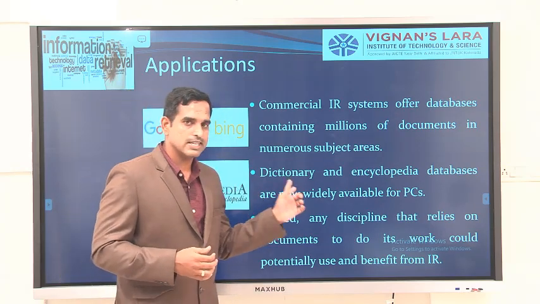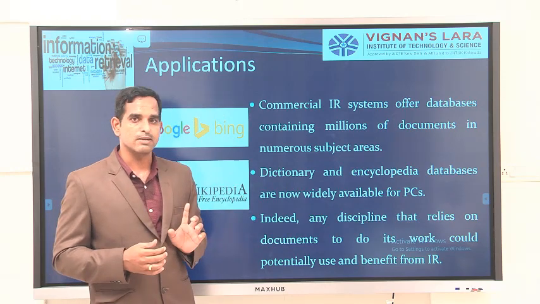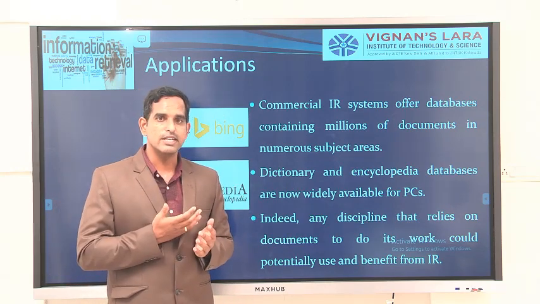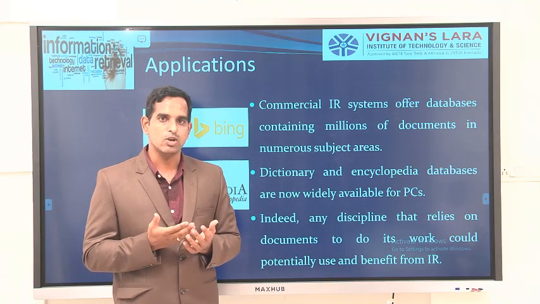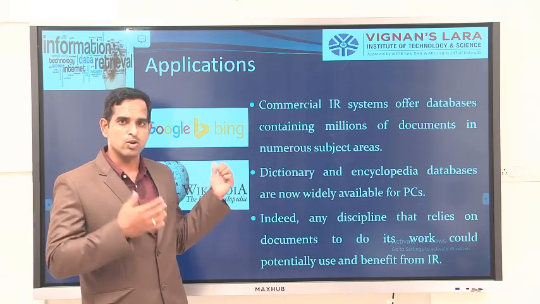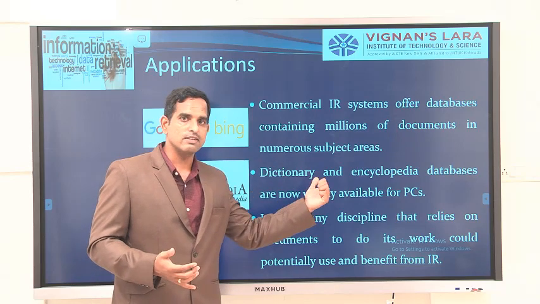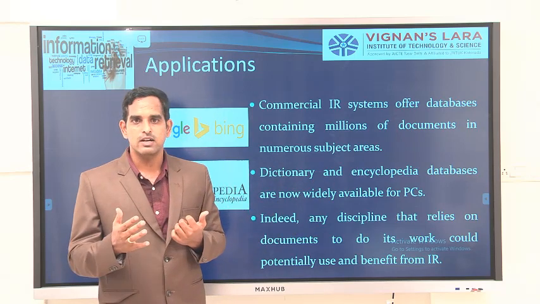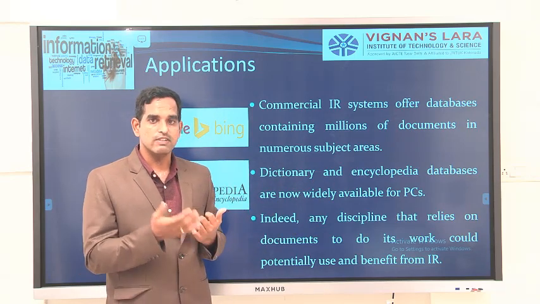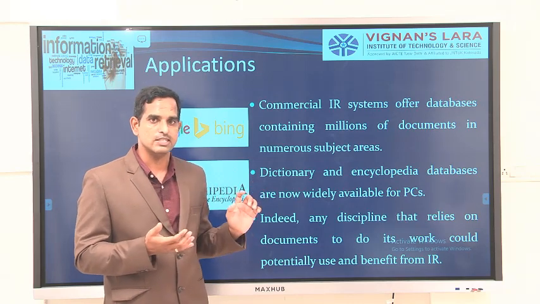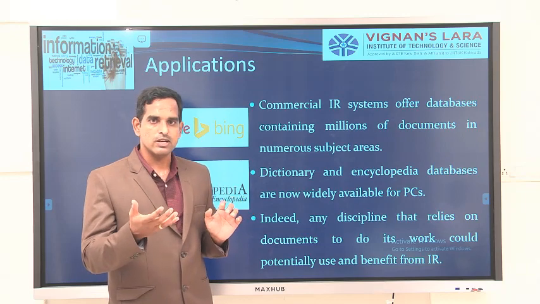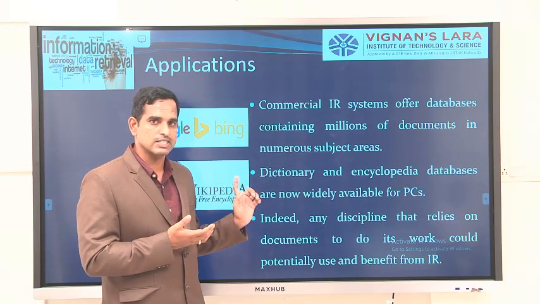The next is dictionaries and encyclopedia databases. I think each and every device in the modern-day world has dictionaries and encyclopedias. You search encyclopedias on the web, and you have dictionaries in almost all the applications you use. Even the text editor on your mobile has a dictionary. Wherever you are searching for something, you will have a dictionary there.